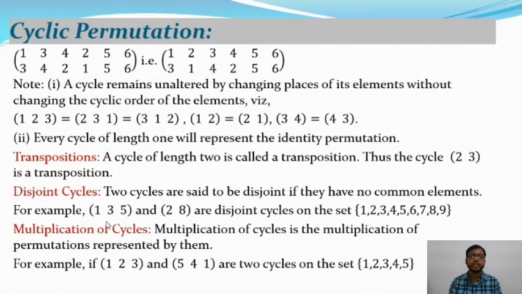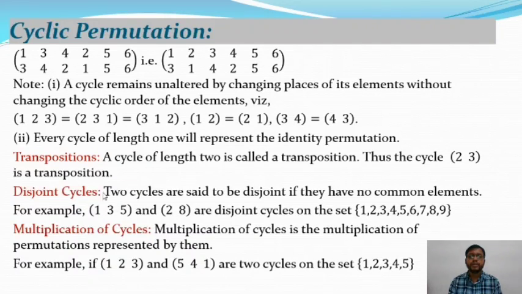For example, (1 3 5), which is a cycle of length 3, and (2 8) are disjoint cycles. The elements of these two cycles are not the same, and these two disjoint cycles are on the set 1, 2, 3, 4 up to 9.